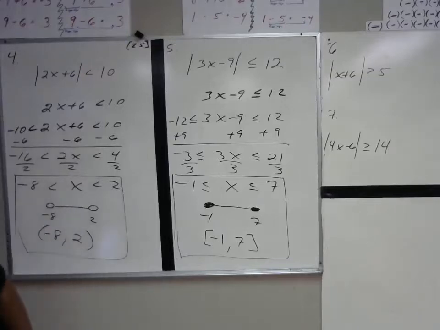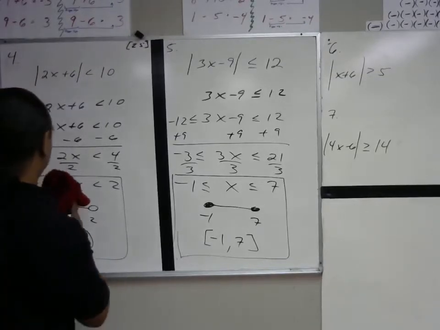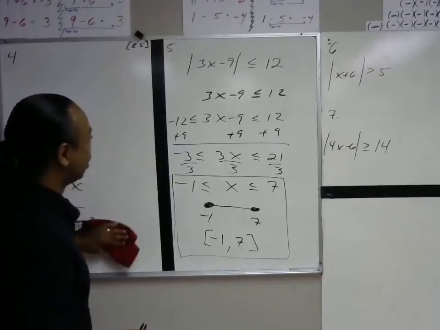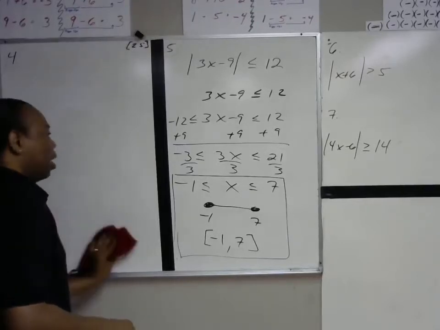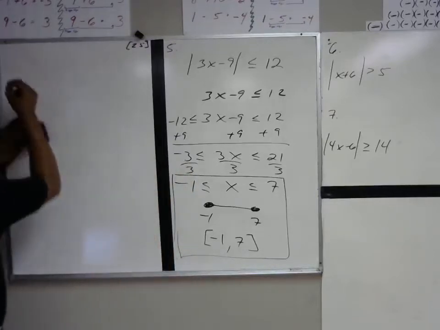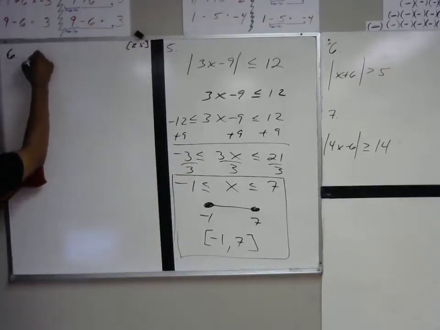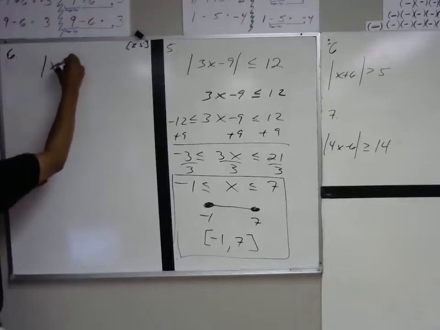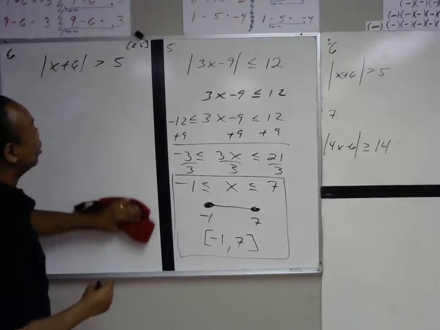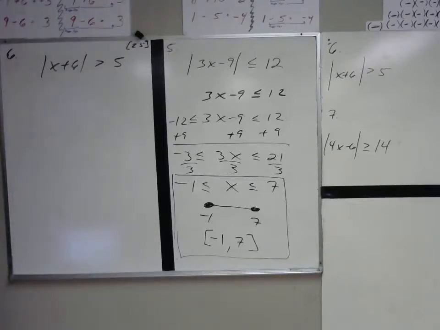Okay, now let's take a look at number 6. Number 6 is the inequality followed by a greater than sign. That's handled much differently than the less than signs. So how do we handle this?